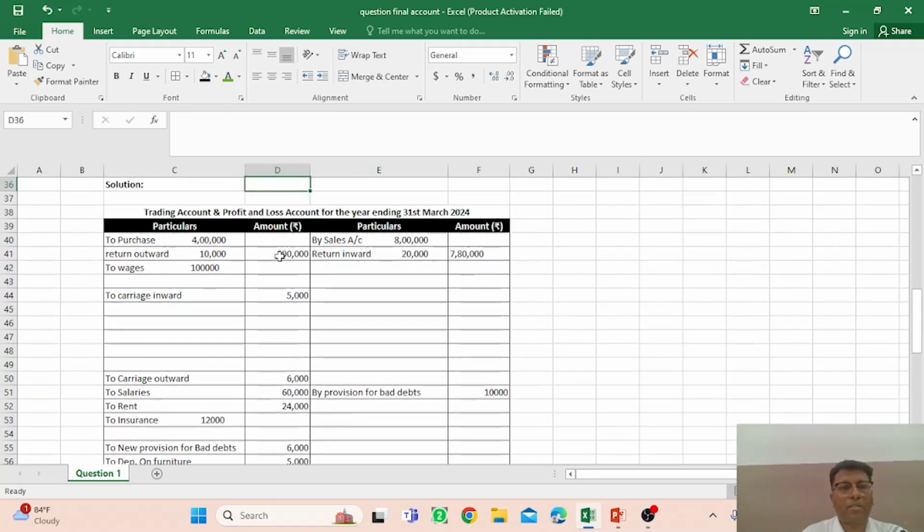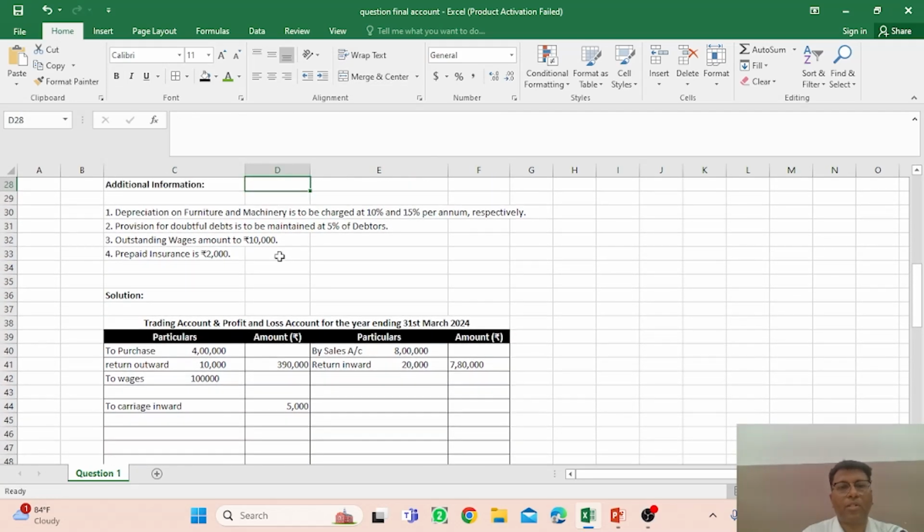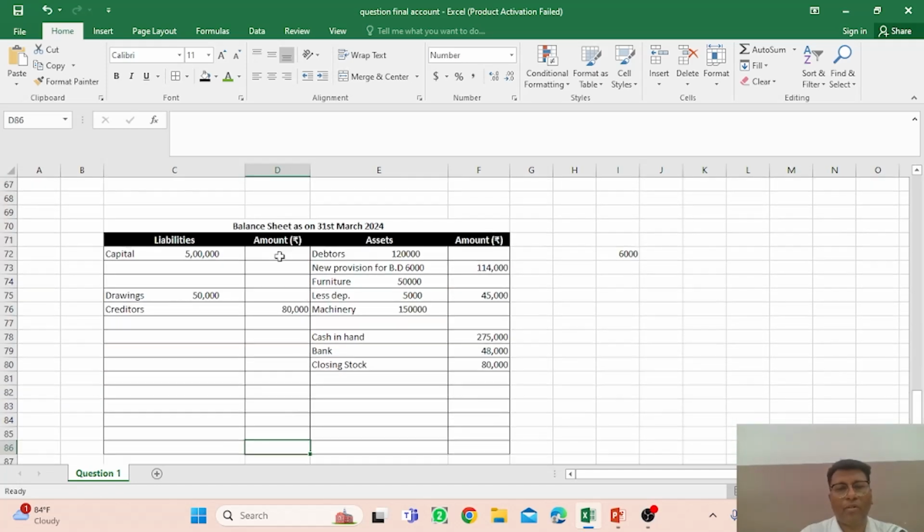And the next adjustment is depreciation on machinery at 15%. So we have to solve machinery, and already we have left the line, so less depreciation. What would be the amount? 22,500.